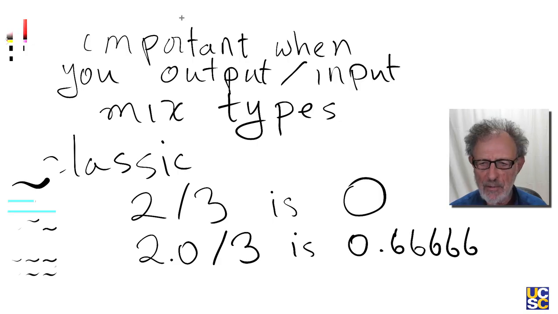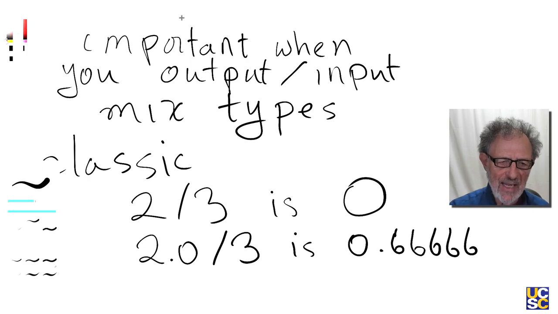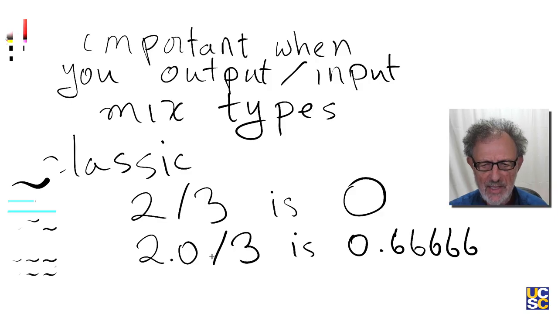So a classic problem in programming with a language like C is the fact that the operator divide can be either an integer operator or a floating point operator. And if you have two integers, it's 2 divided by 3, which is 0. There's no remainder. If it was 2.0 divided by 3, or 2.0 divided by 3.0, or 2 divided by 3.0, where one of the arguments or both the arguments are double, then indeed you would be in the floating point type.